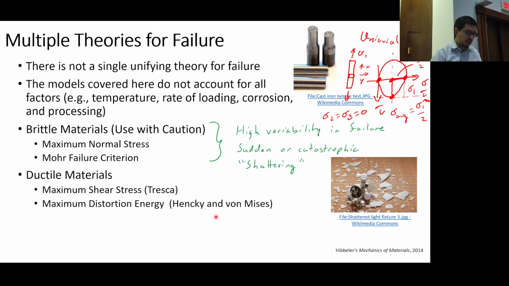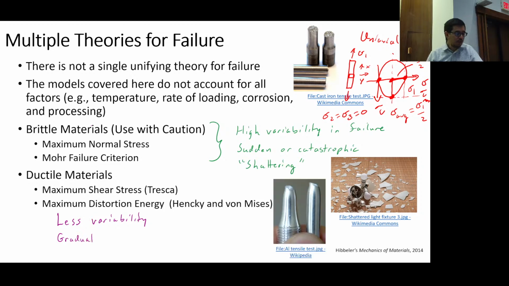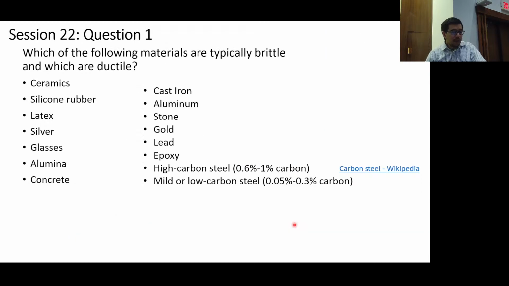There's a few things here on this slide that I didn't talk about. Ductile materials also have less variability, and the failure is gradual, and there is this necking behavior. Okay. So one of the questions on the homework is to sort these materials into the brittle and ductile categories.